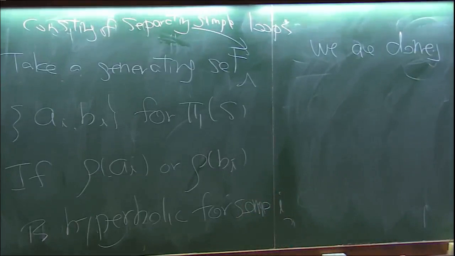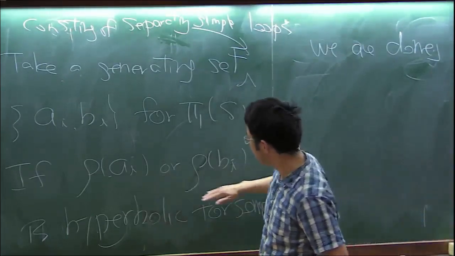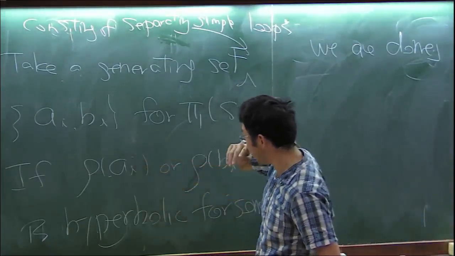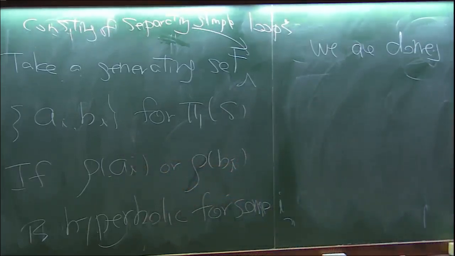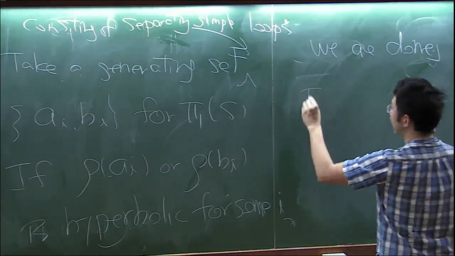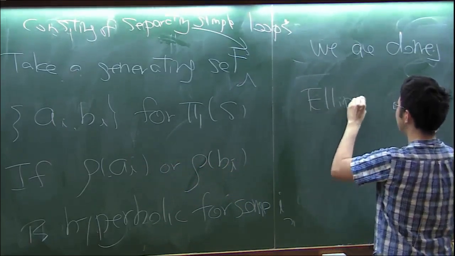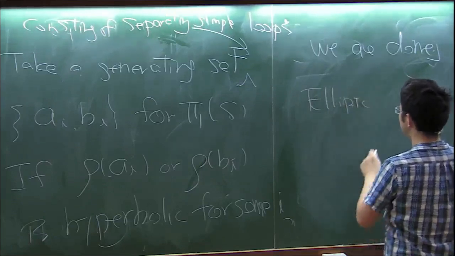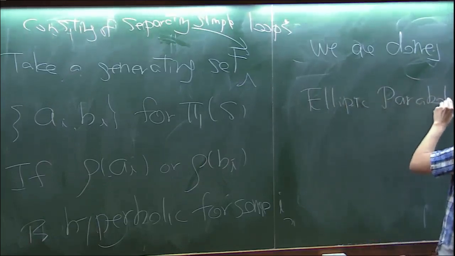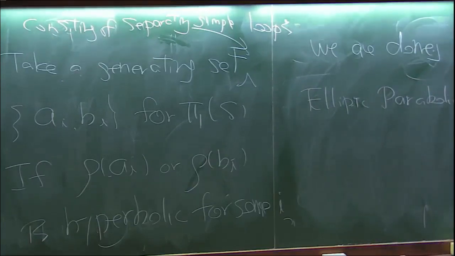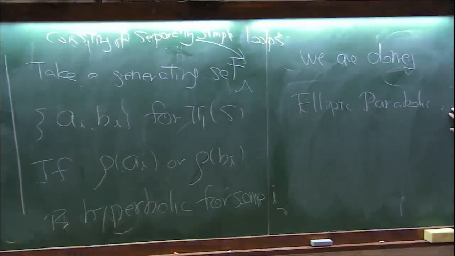So we can now assume all of the holonomies of the generating loops are non-hyperbolic. So we can have elliptic, parabolic, or maybe identity. But all of them cannot be identity because it's non-elementary.